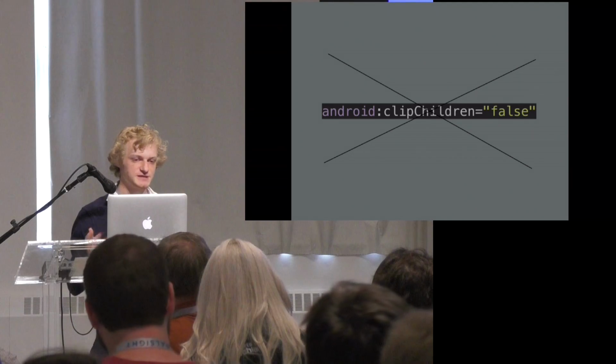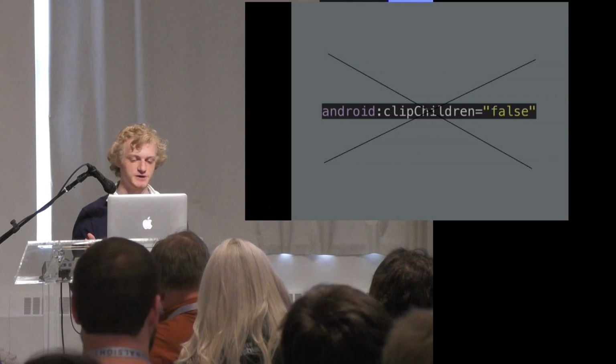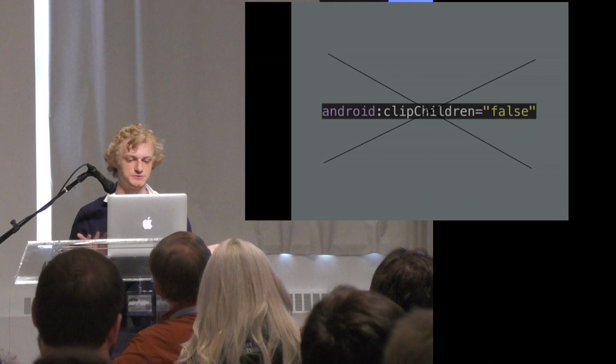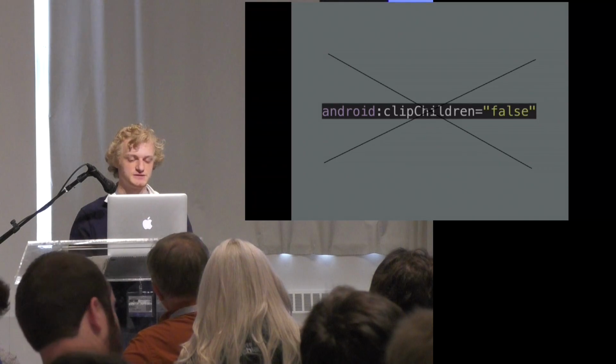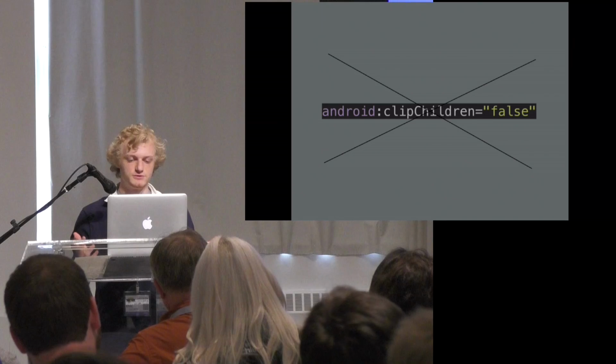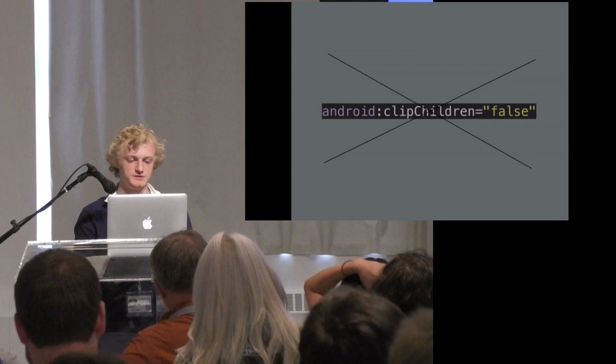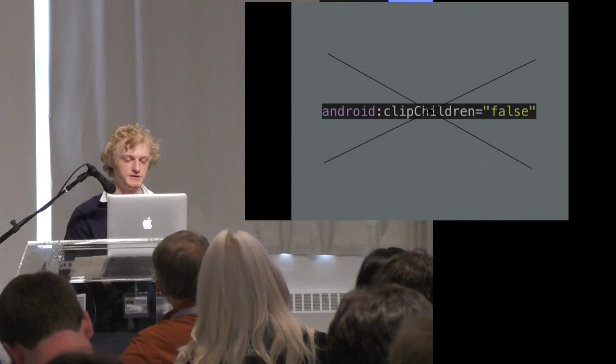So when we want to scale these views, we don't even think twice, and we can scale a view 2x, and it'll scale beyond the view's bounds, because the parent won't clip it.